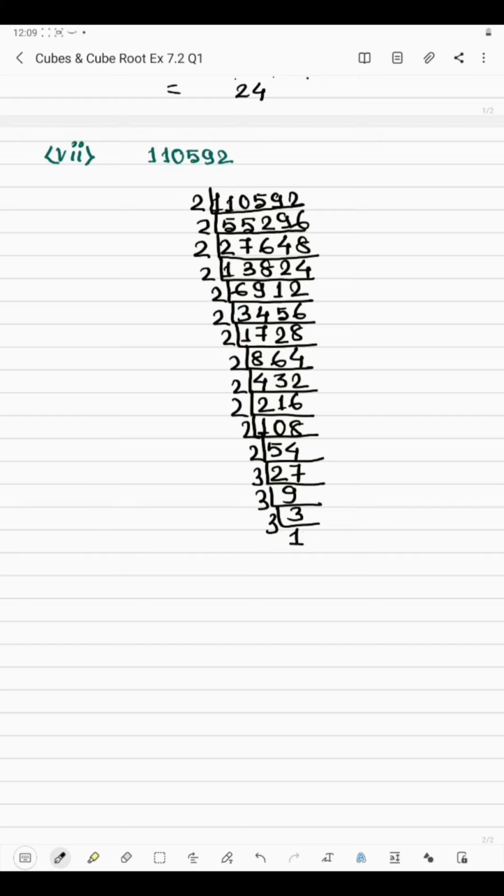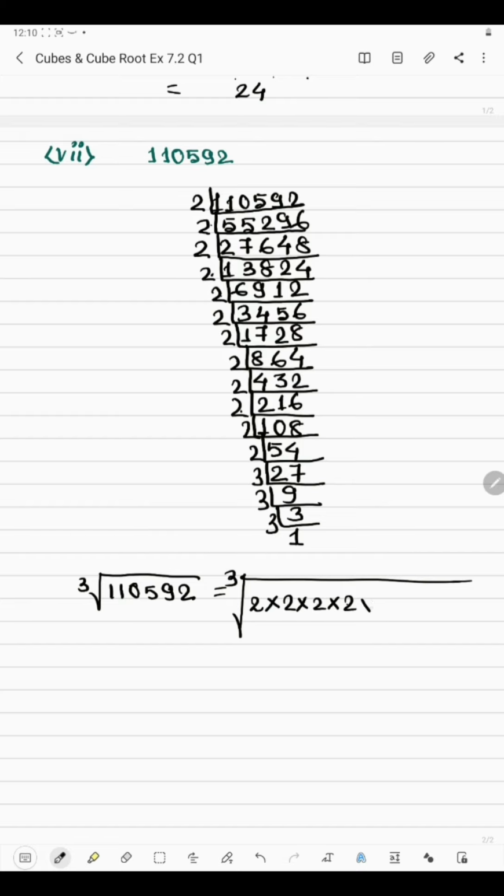So the cube root of 1 1 0 5 9 2 is, see, 1 2 3 4 5 6 7 8 9 10 11 12. So we have got 12 twos.